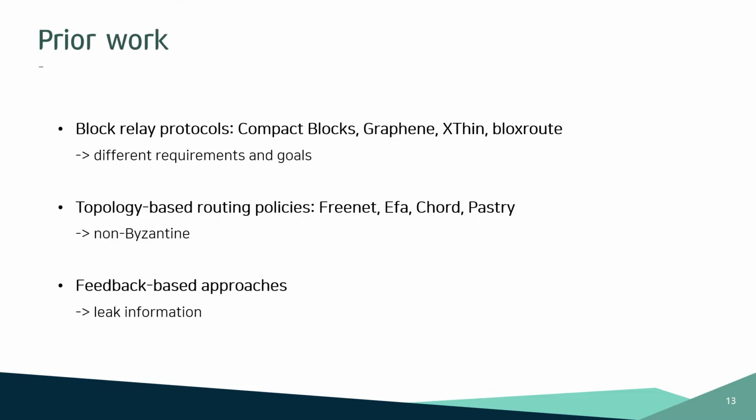The feedback-based approach feeds back who has already received the information, which is not safe because the transaction can be traced. So the feedback-based approach is an easy way, but it doesn't fit our problem much.